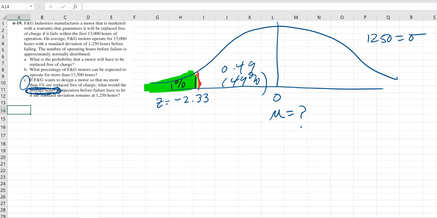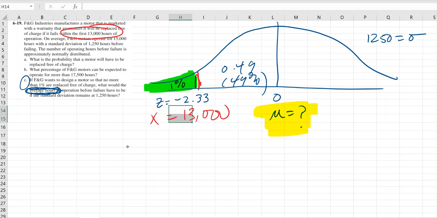So we start this, which I know to be failure to be 13,000, right? We want it to be 13,000, right? The first 13,000 hours. So what we don't know is actually this. Okay, so we know that x equals 13,000, the matching z-score is minus 2.33, the mean is 0 standardized, so we're looking for mu.